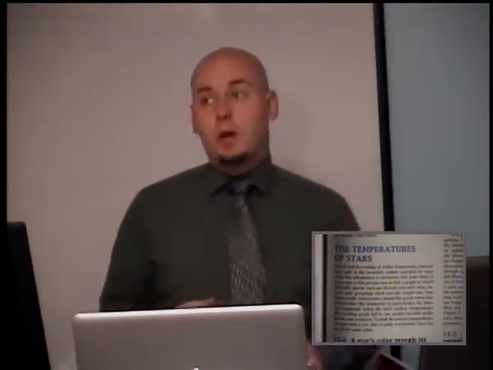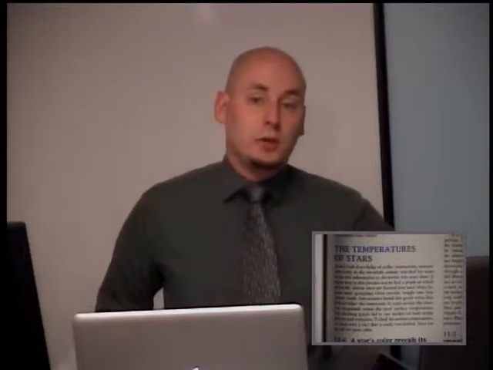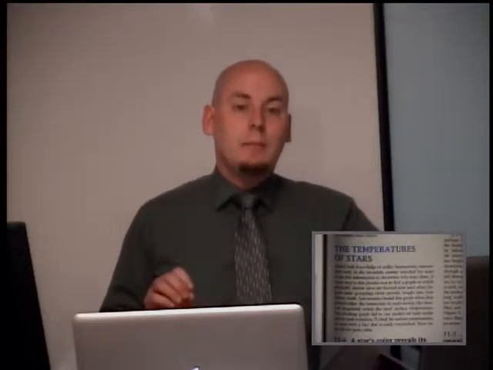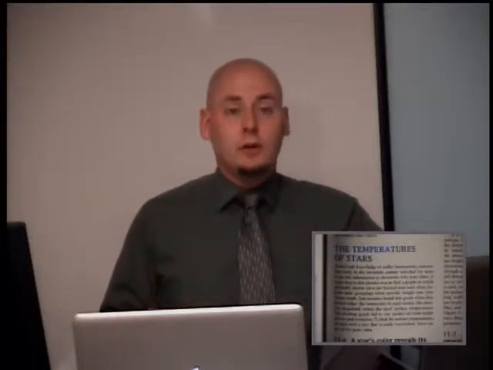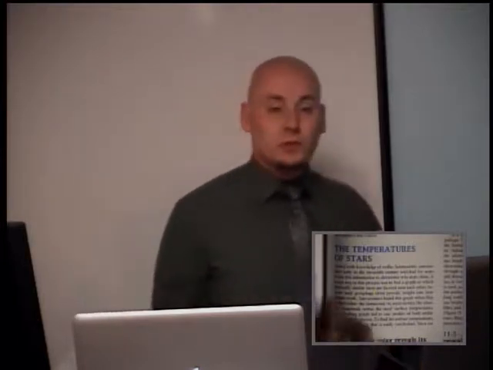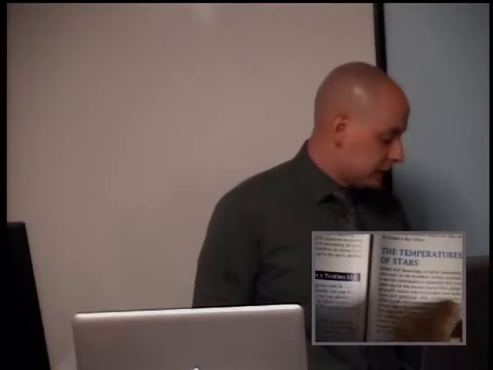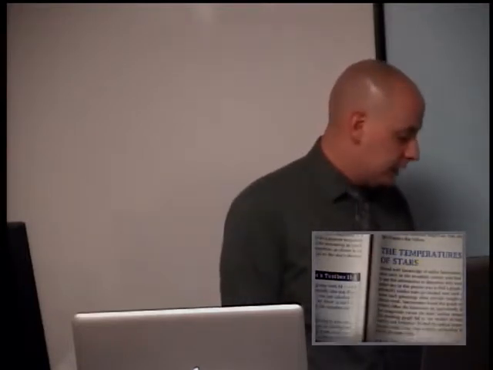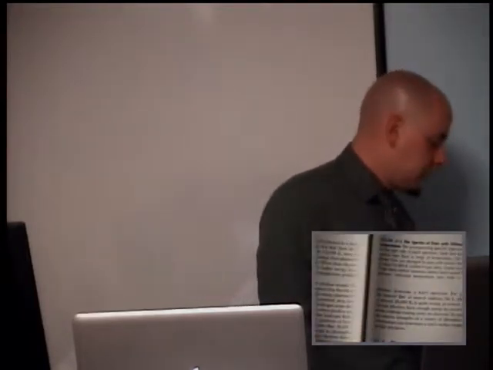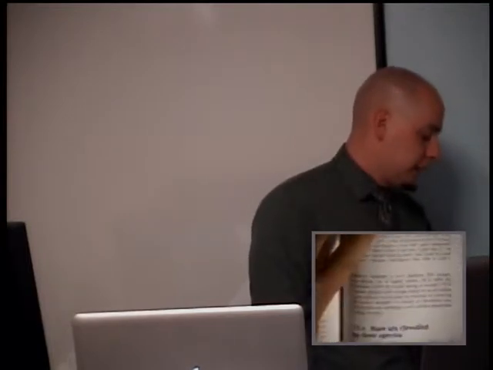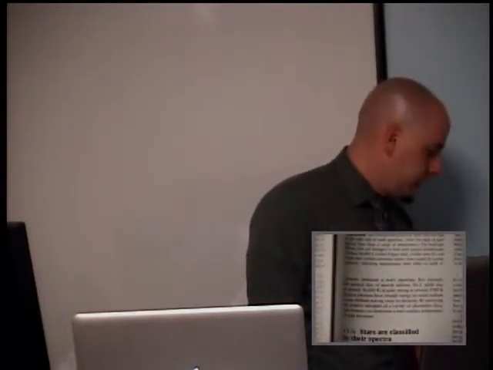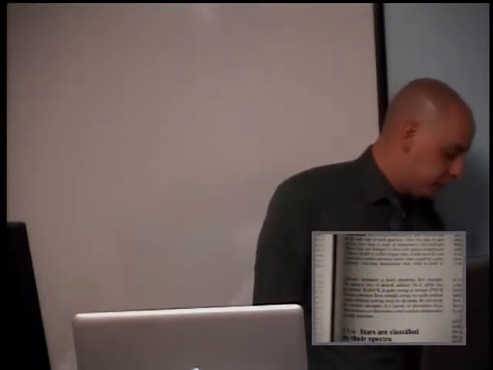And in the same way, you can go outside on any clear night, look at the stars, and you should be able to identify color differences. That color difference is, of course, related to the temperature of those stars. And so that's what this next section is talking about, is that its surface temperature is revealed by the wavelength of light coming out of it. That's what they're going through on page 358 as well.